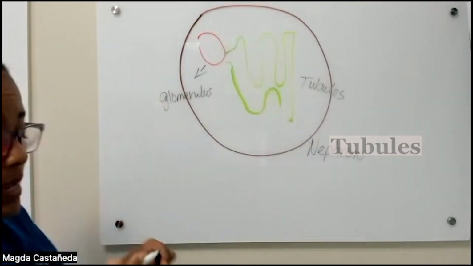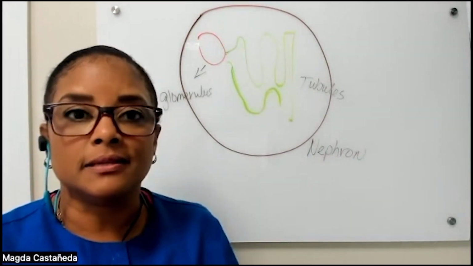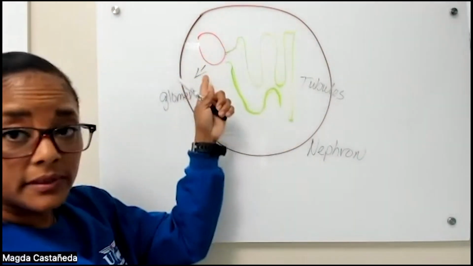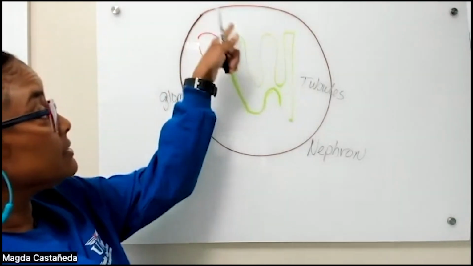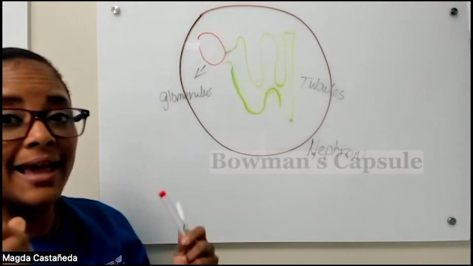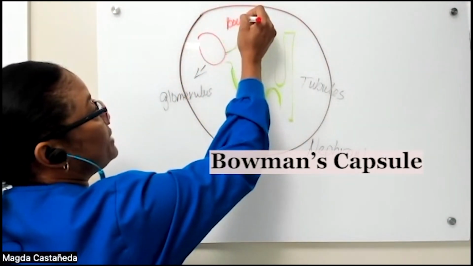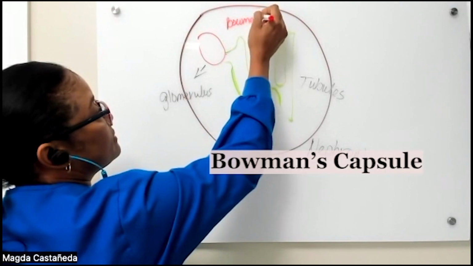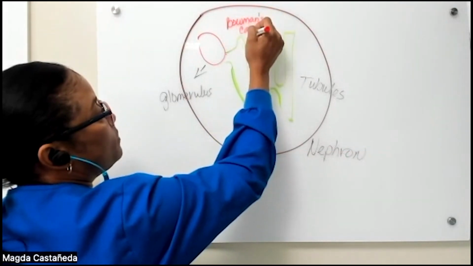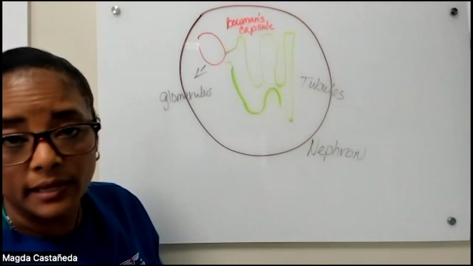Now, remember, as discussed in the class, the outer portion of the glomerulus is called the Bowman's capsule. Bowman was the person that discovered it.